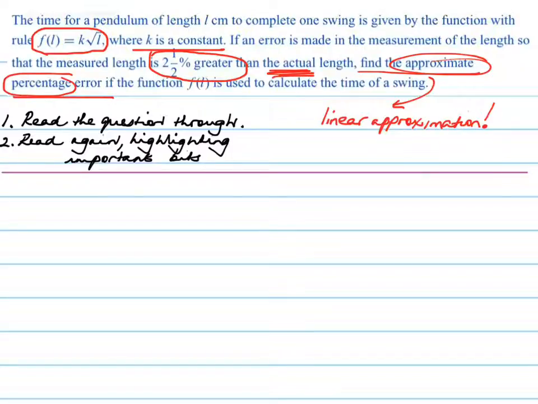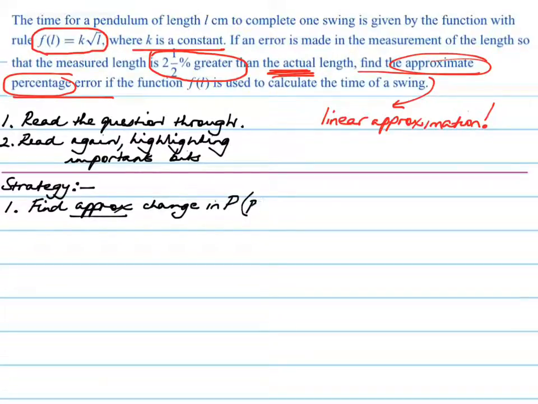Now we're going to work out a strategy. I think the strategy with this is just the same old procedure. You don't lose your cool. We're going to work out the gradient of the period function. We're going to find the approximate change in P, which I'm calling P, the period of the swing.